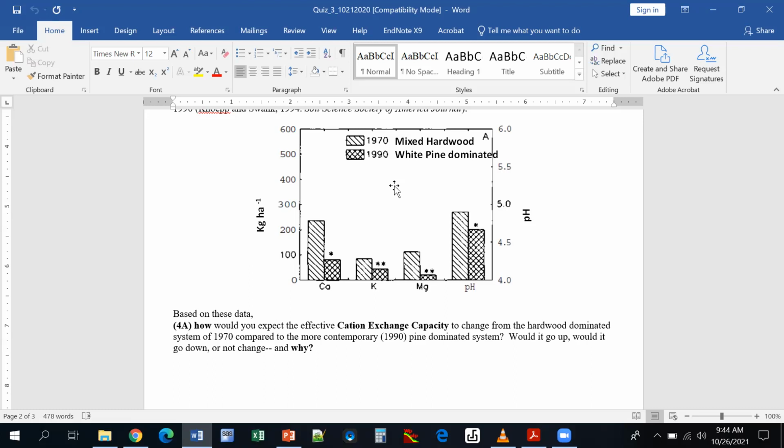Now, that tells us that the total number of negative exchange sites increased because of the organic matter. But what's on those exchange sites? And now we know what's on those exchange sites based on these data. We know that there's protons on there because the H plus or the pH went down. We know that our base saturation percentage, what happened to our base saturation percentage?